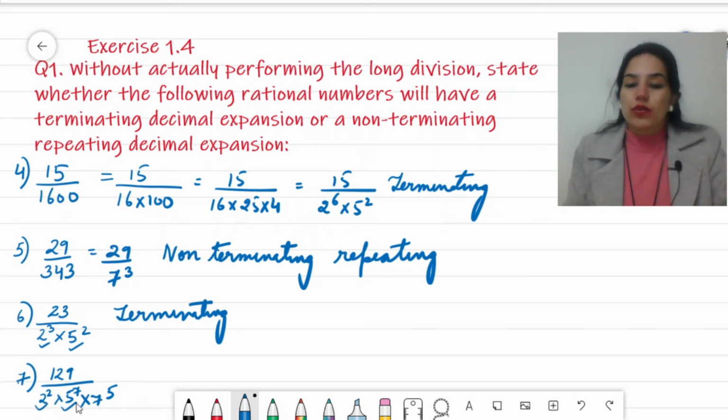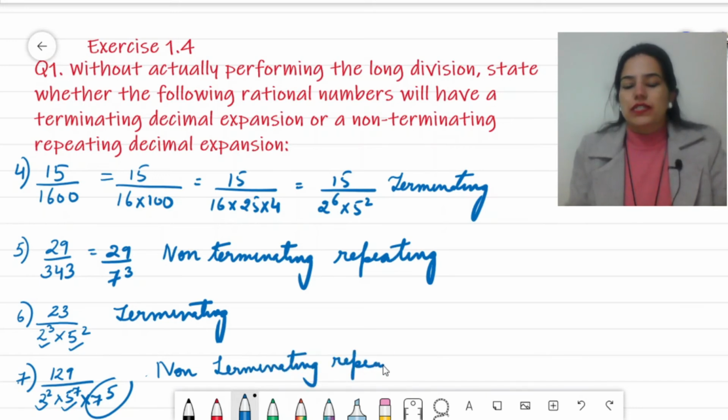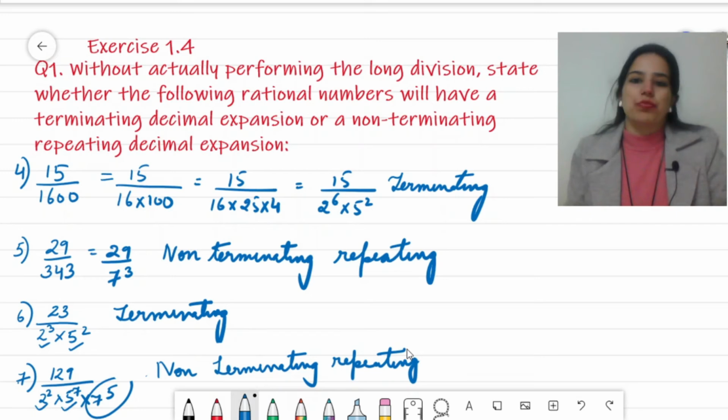Now 2 and 5 are okay with us, but if there is anything other than 2 and 5, then it is a non-terminating repeating decimal expansion. Only factors of 2, only factors of 5, or both of them. No other number.